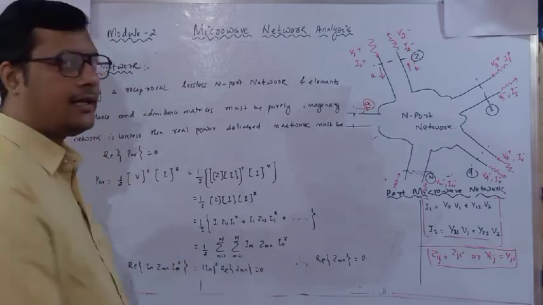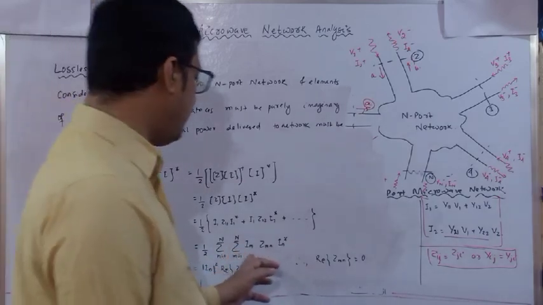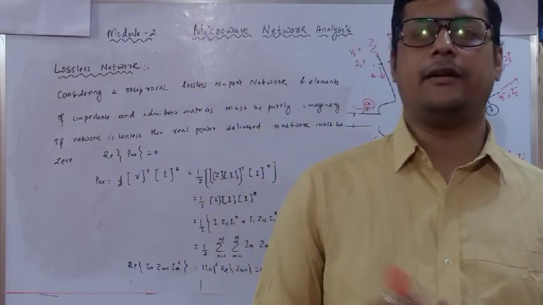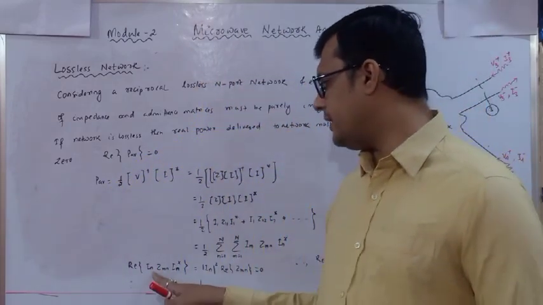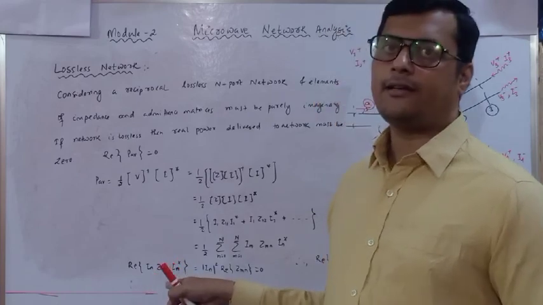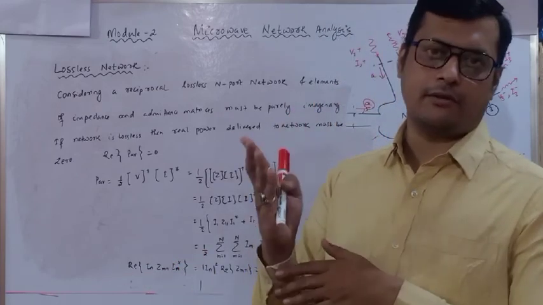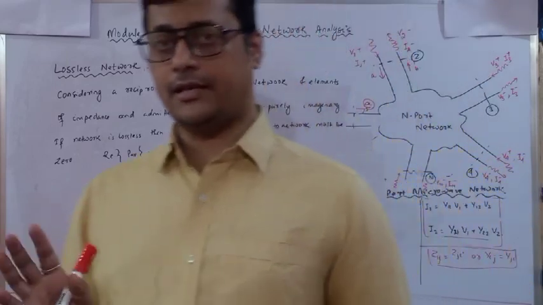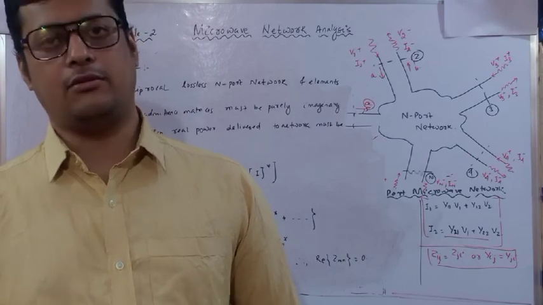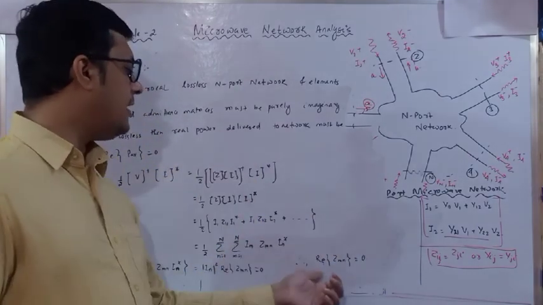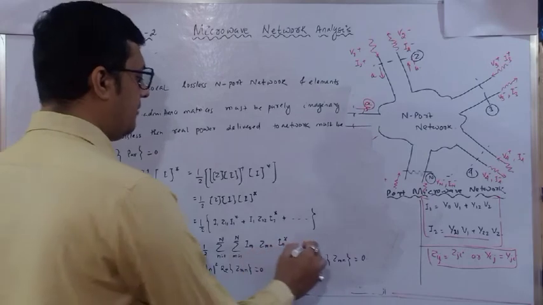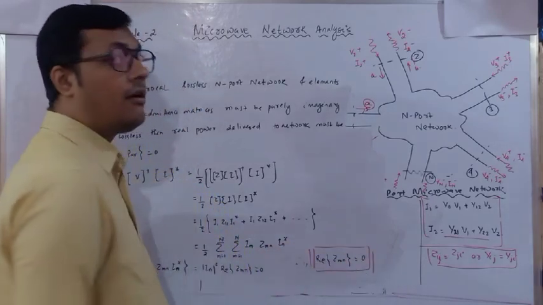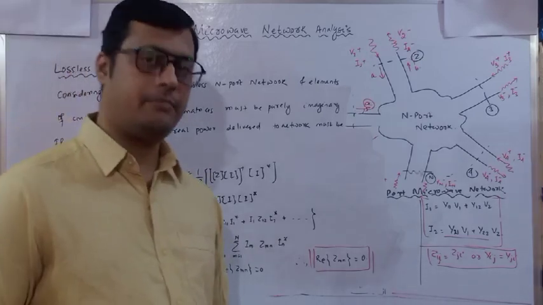So when the same current is flowing, the real of I into I complex conjugate becomes mod of I square into Zmn. Current cannot be 0, current must be there, but the impedance we have to make 0. So for a lossless line, the real value of Zmn must be equal to 0. So this is the condition for a lossless network in terms of impedance.